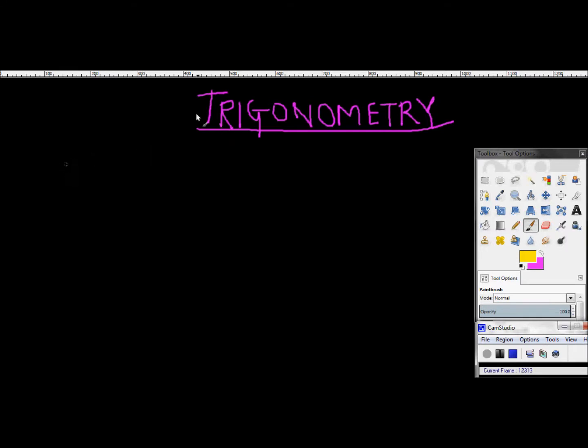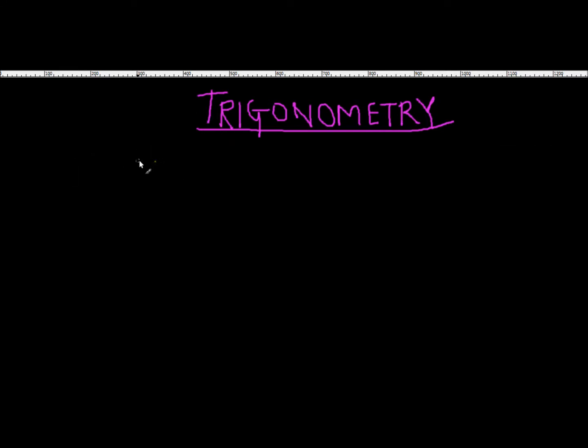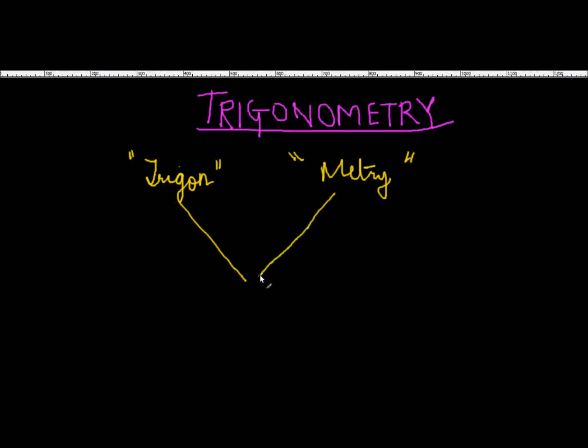So guys, what does trigonometry actually mean? Trigonometry is nothing but two Greek words, trigon and metry. So these were two Greek words, and what they basically meant was measuring the sides of a triangle.